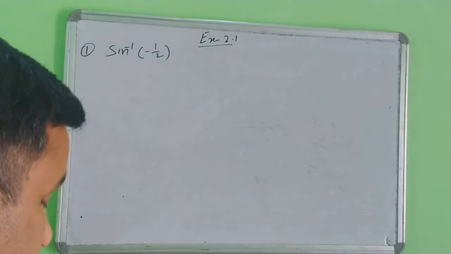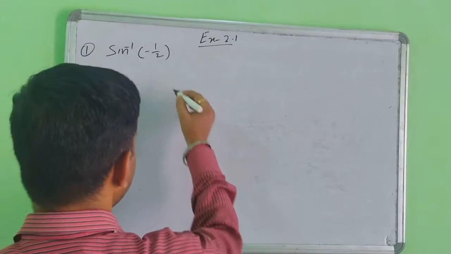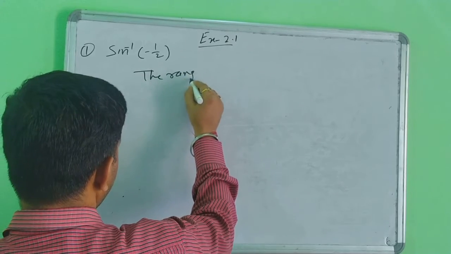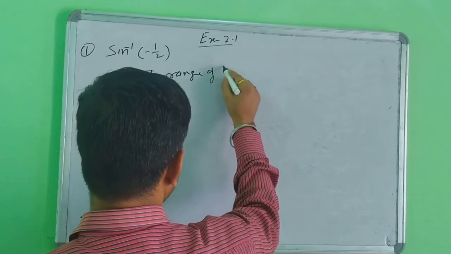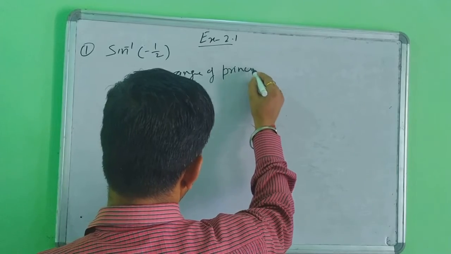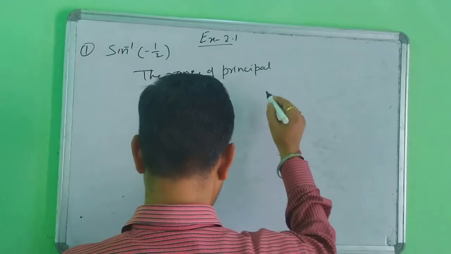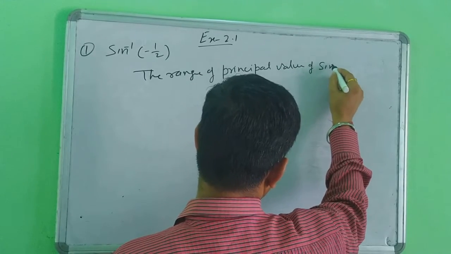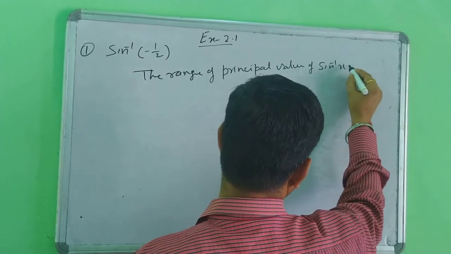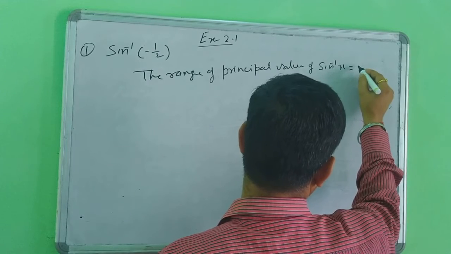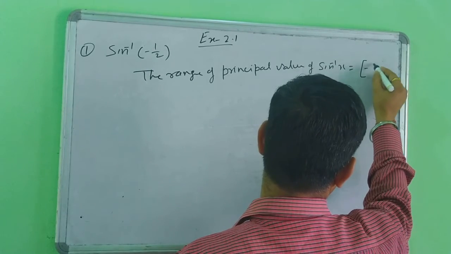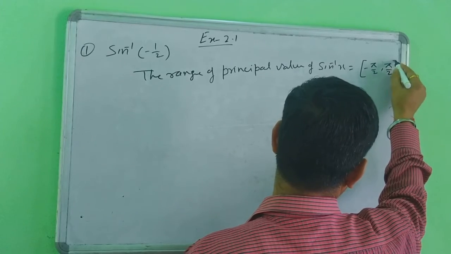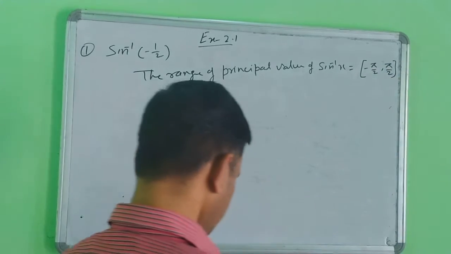So you will write here: the range of the principal value of sin inverse x equals minus pi by 2 to pi by 2. This is the range of sin inverse x here.